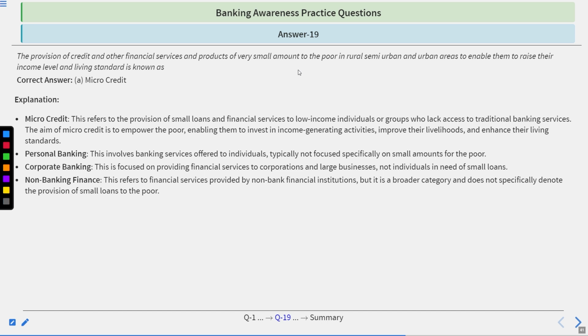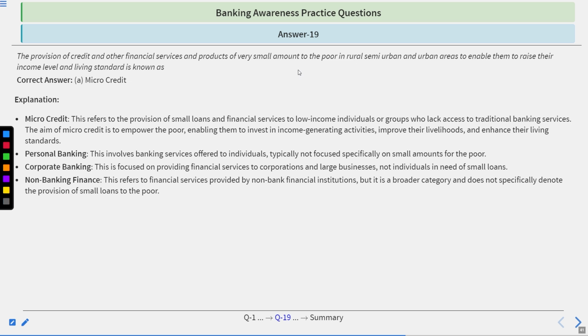Go by the explanation. Microcredit refers to the provision of small loans and financial services to low-income individuals or groups who lack access to traditional banking services. The aim of microcredit is to empower the poor, enabling them to invest in income-generating activities, improving their livelihoods and enhancing their living standards. Personal banking involves banking services offered to individuals, typically not focused specifically on small amounts for the poor.